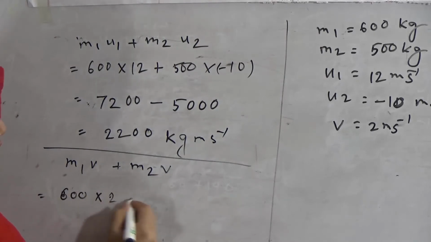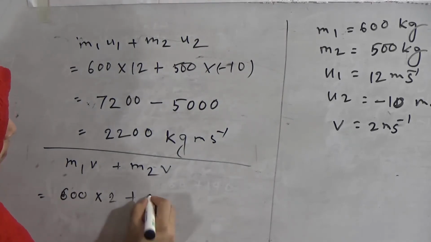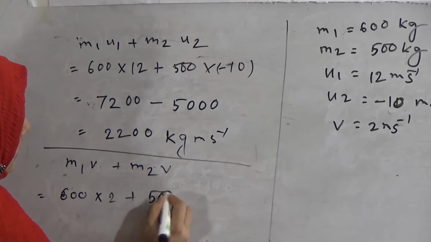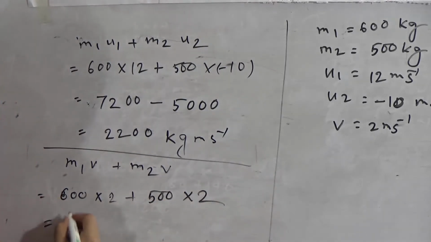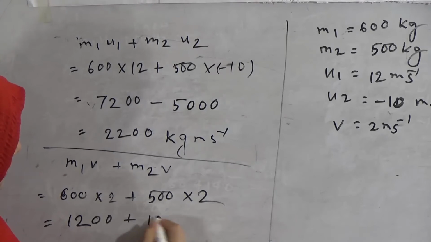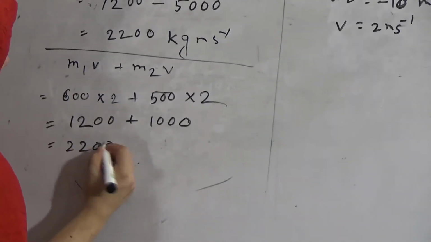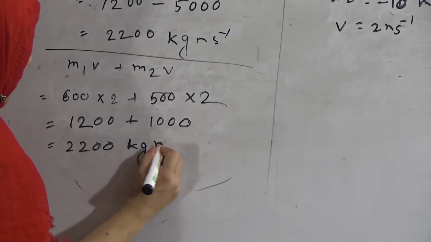So 600 into v, which is 2, plus m2 is 500 into v, which is 2. So it will be 1200 plus 1000, so it will be 2200 kg meter per second.